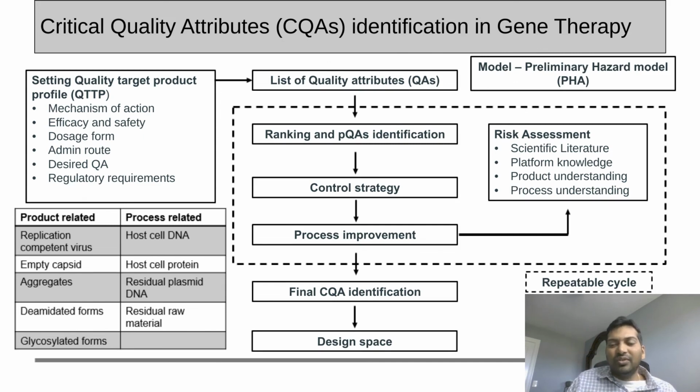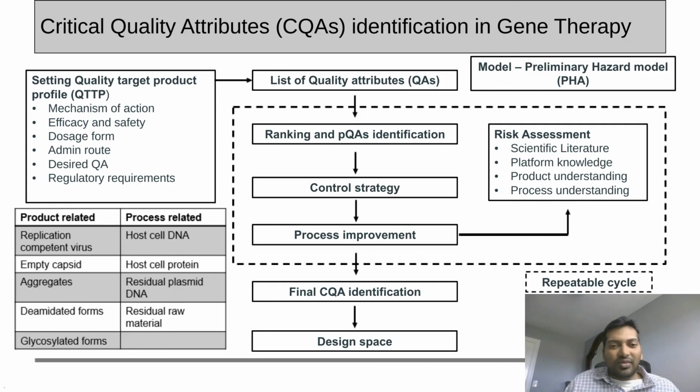Most of the ICH guidelines, when you want to identify critical quality attributes, request data from clinical trials for the risk assessment, which is then applied to the quality attributes to define the critical quality attributes. As we don't have enough scientific literature or data, the preliminary hazard model takes that aspect into consideration, and then we can apply that model to identify our critical quality attributes.